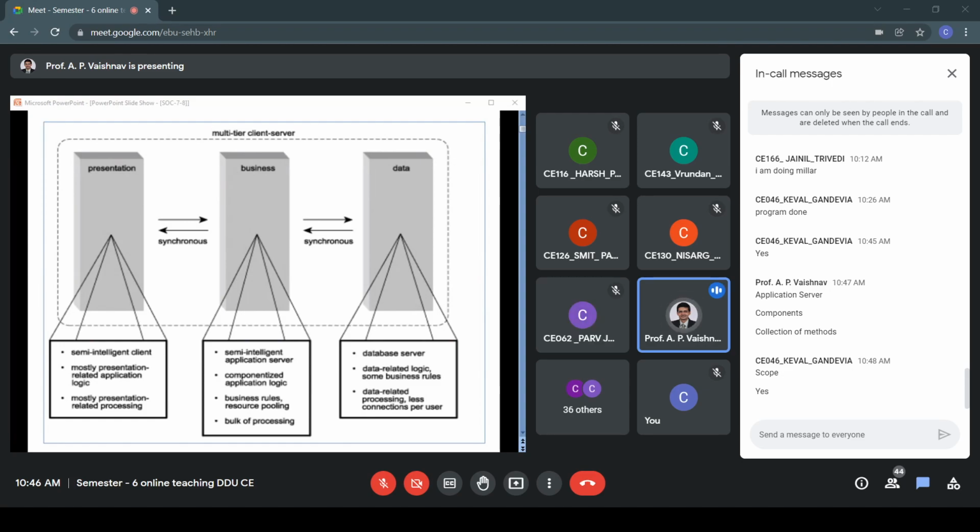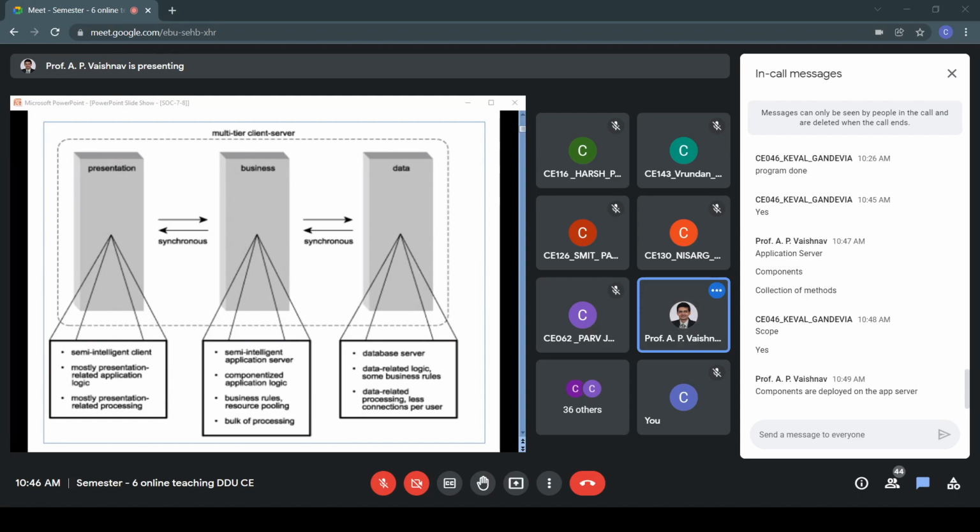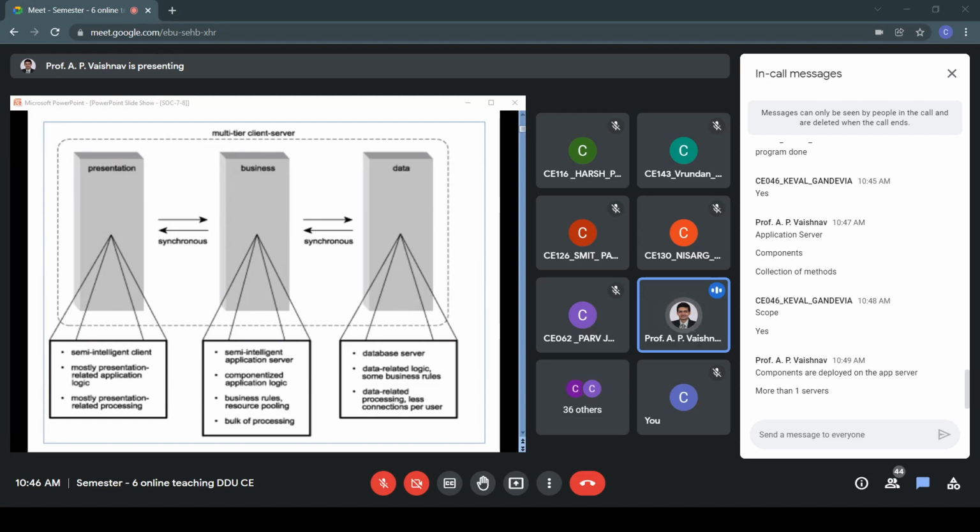It is not necessary that you will have only one server, right? You might have more than one servers if there are too many components, right? So actually the middle tier, we cannot say it is only one layer, right? There can be 1 to n, and that is why this architecture is known as multi-tier. Middle tier can be expanded into any number of layers depending upon the complexity.